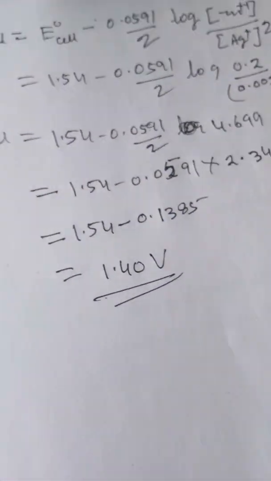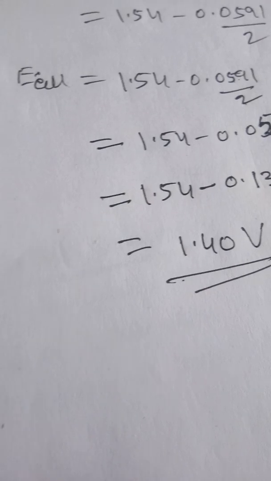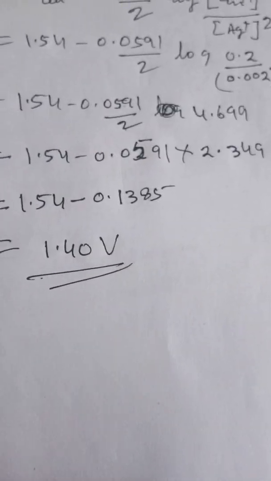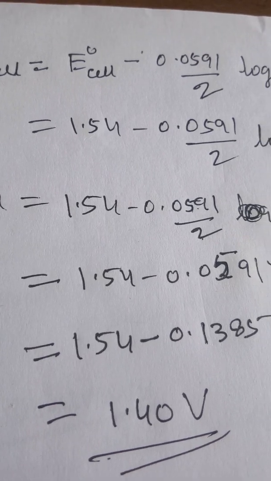So in this way we can explain the galvanic cell as well as solve numerical problems based on the Nernst equation.